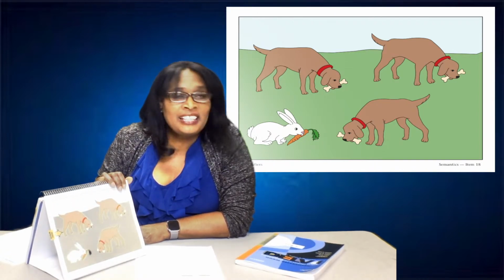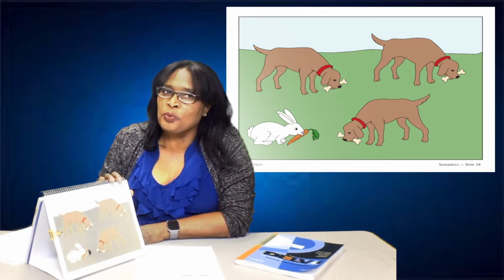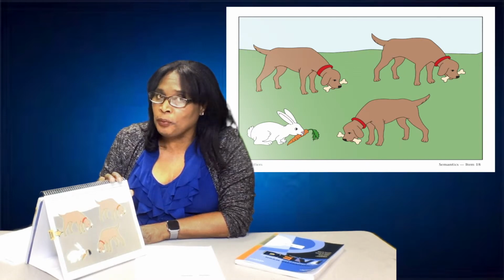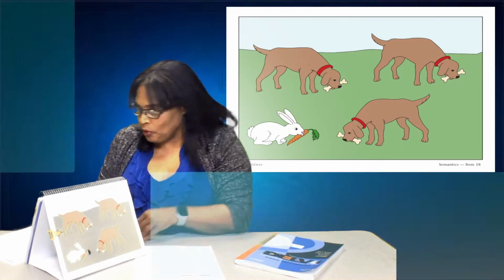So that's what I mean when I say that the DEL looks at language in a much more detailed and much more informational way. Let me show you one more. I really like the fast mapping section in the semantic subtest. As a clinician, we always want to know about a student's vocabulary, especially a student suspected of having a language impairment.